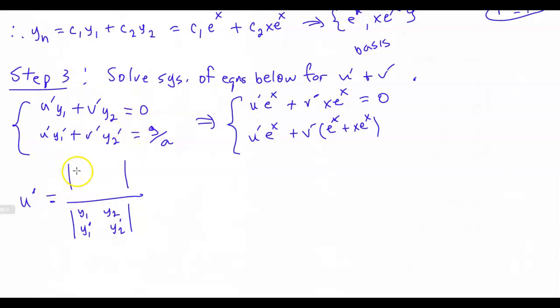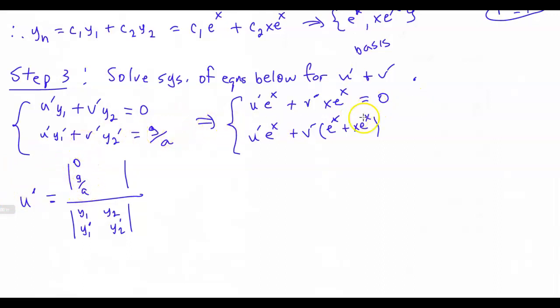And then for the determinant matrix in the numerator, since u prime is in the first term here, we're going to take this 0 and g of a, and plug it into this first column here.